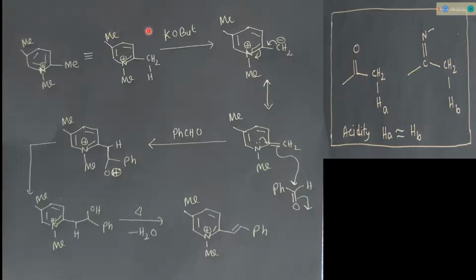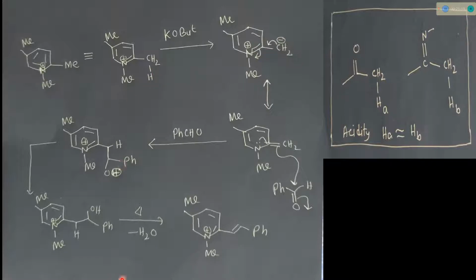Now among these three methyl groups, the hydrogens of this methyl group are the most acidic, because we will discuss that later. Just see the mechanism now.